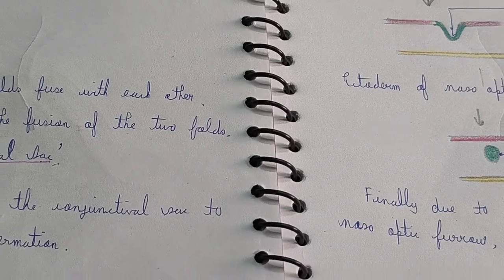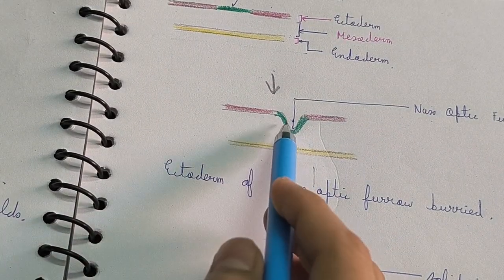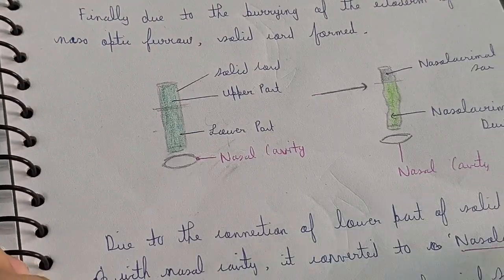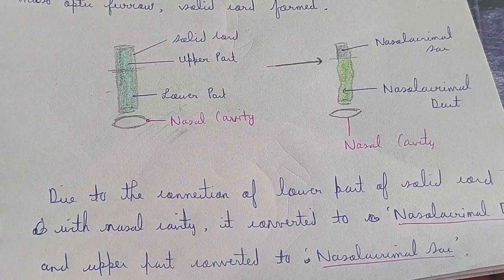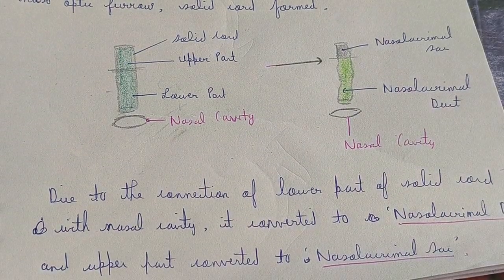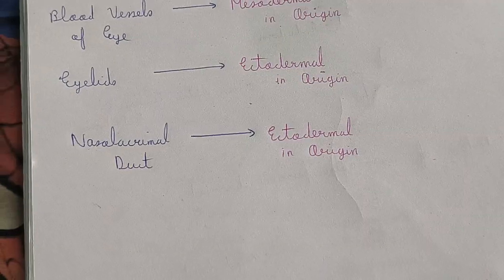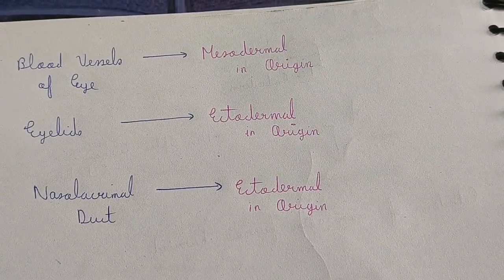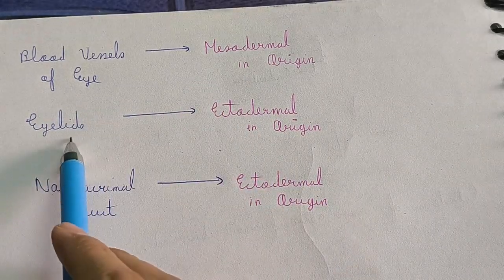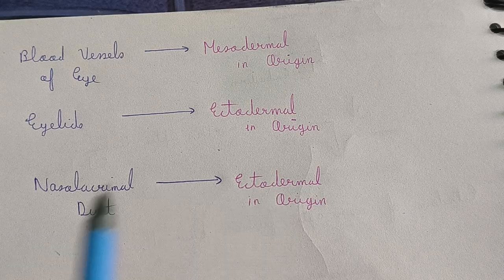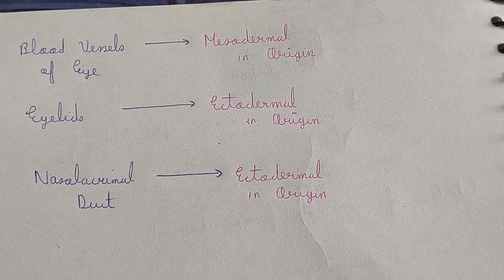Also, the nasolacrimal duct is formed due to the budding of the ectoderm of the naso-optic furrow, so it is also ectodermal in origin. So now I am going to write: blood vessels of the eye, mesodermal in origin; eyelids, ectodermal in origin; nasolacrimal duct, ectodermal in origin. So that's all.